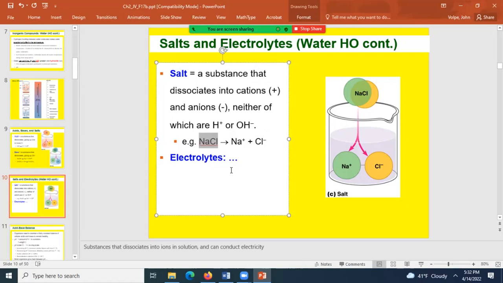An electrolyte is a substance that, when it dissolves in water, can conduct electricity. And so all salts are electrolytes. Any question about any of that? All right. And that's why salt water is better at conducting electricity than pure water, because it has the sodium and the chloride ions.